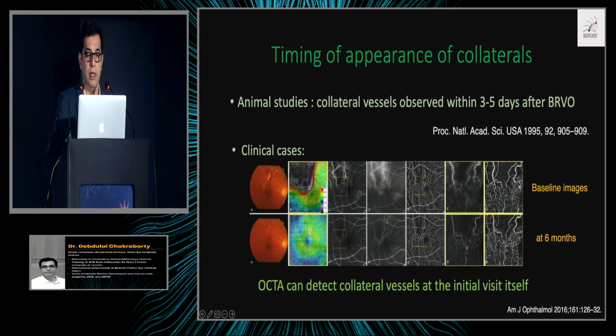However, these are eyes that are prone to have atherosclerosis or coronary artery disease, and you tend to see these collaterals mature over time, and you might not see them in the first visit itself because of atherosclerosis.